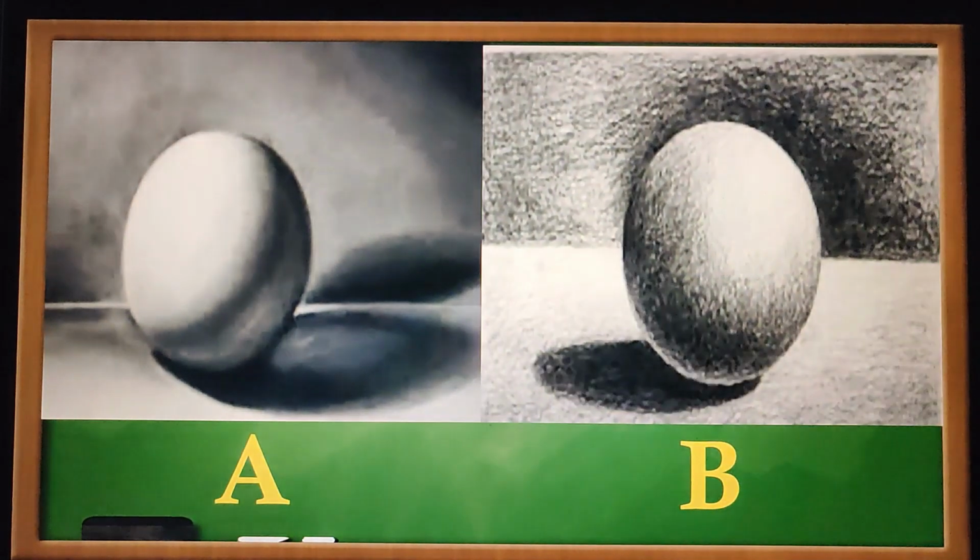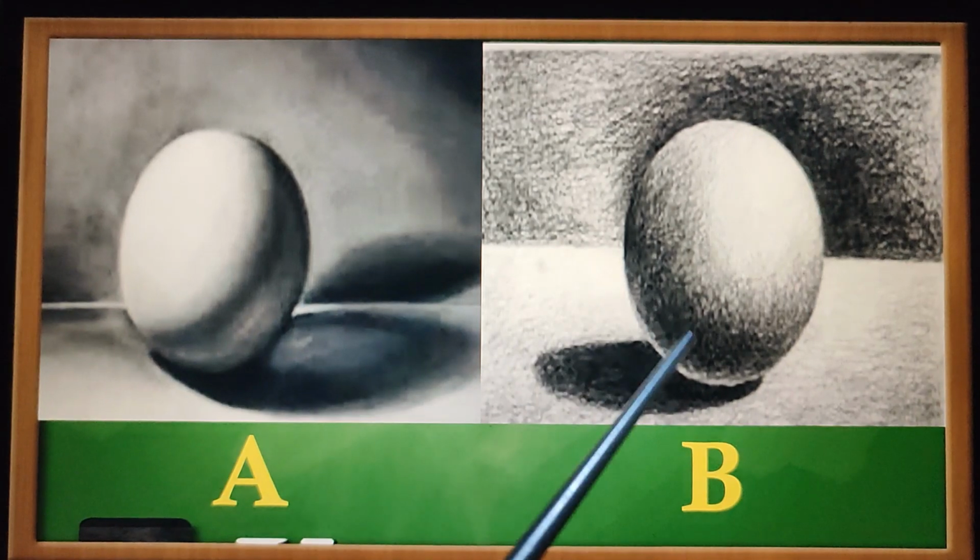We have here two figures, A and B. Try to observe. What is the object? Yes, it's a spear. What did you notice? What is the difference between the two spears?